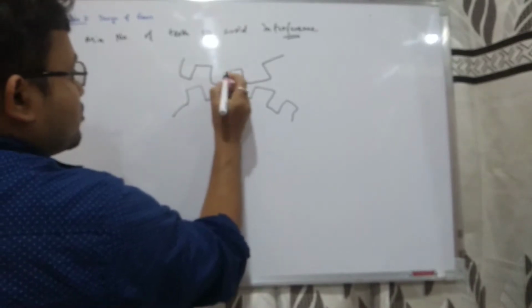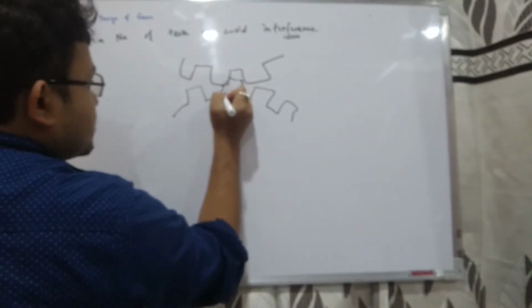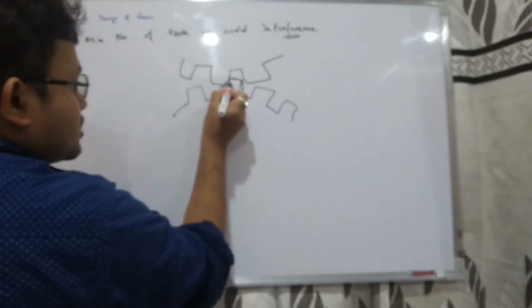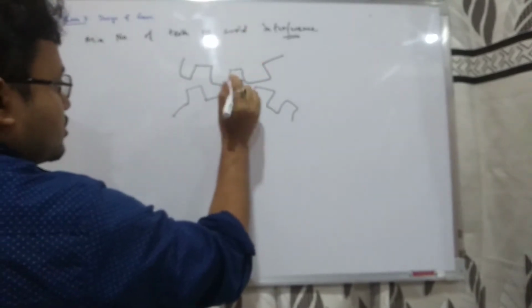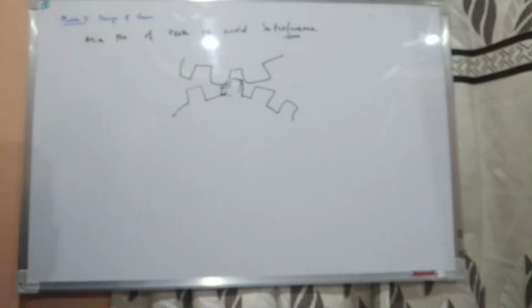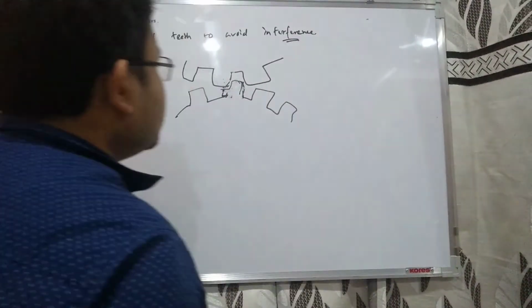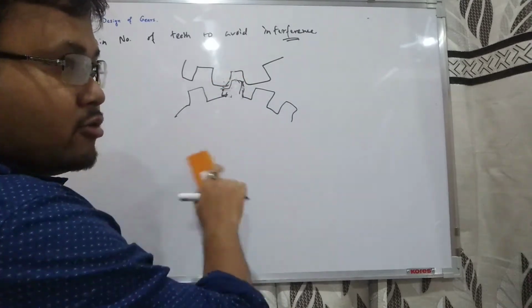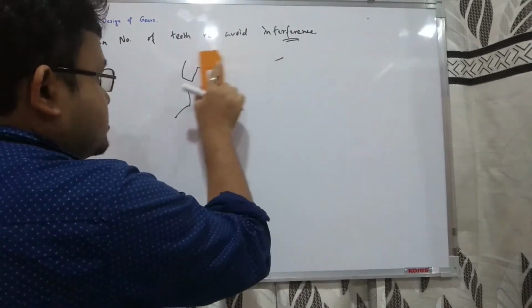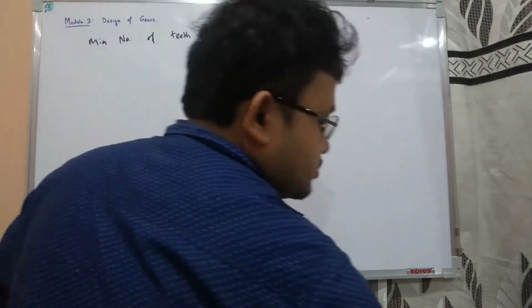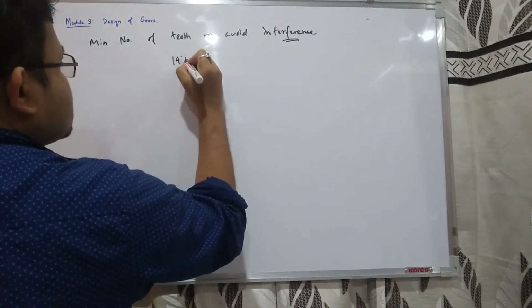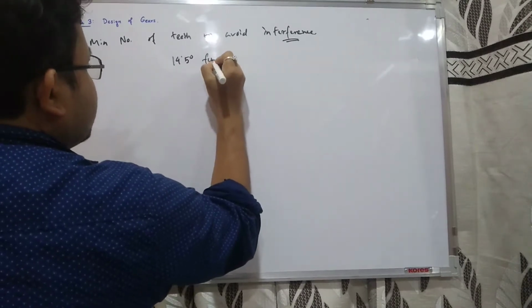While leaving, this gear will just cut these teeth. That is a type of problem. They will actually interfere with each other and they will not rotate. That is interference.